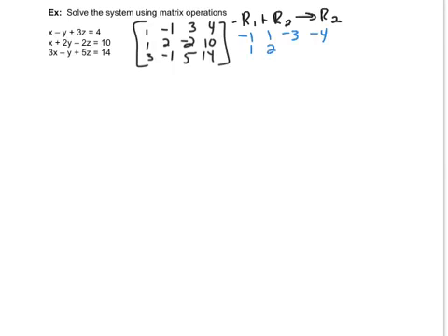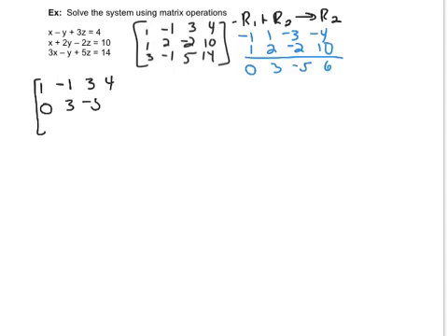And then my second row doesn't change yet, but I'm going to add these coefficients together, and I get 0, 3, -5, and 6. So I'm going to put that back in my matrix. It takes a full sheet of paper to do one of these problems. Just deal with it because that's what we're going to do. There's my first row. Here's my second row. And my third row hasn't changed yet.